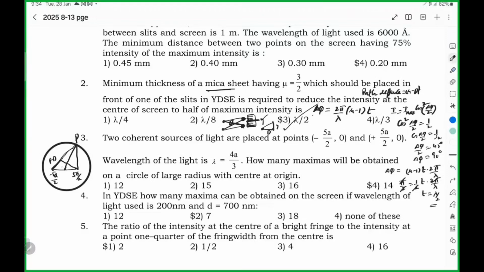This is the path difference. So cos theta is x by d, and the path difference will be d cos theta. If d cos theta is n lambda, we get bright fringes, we get maximas. That d here is 5a by 2.